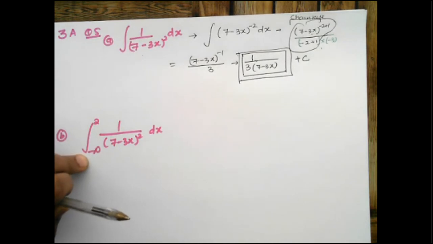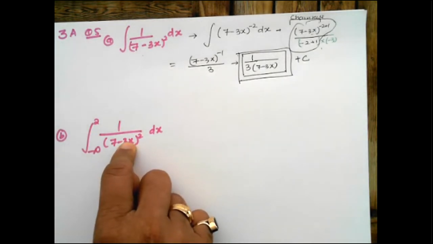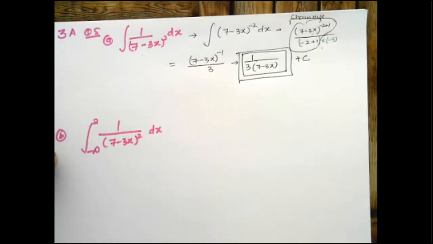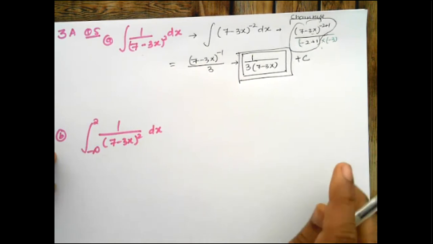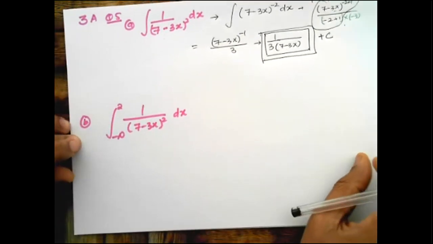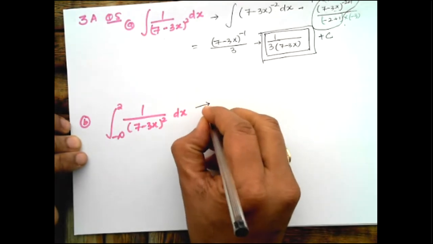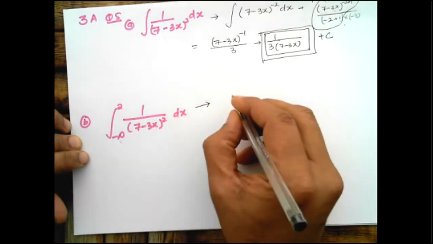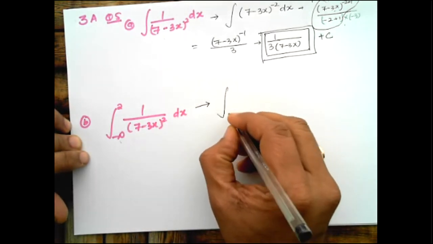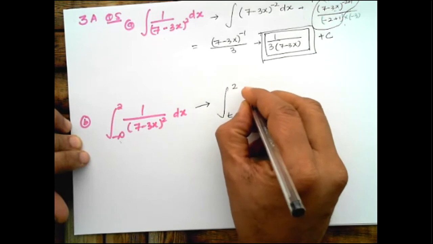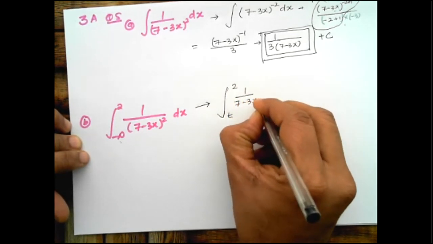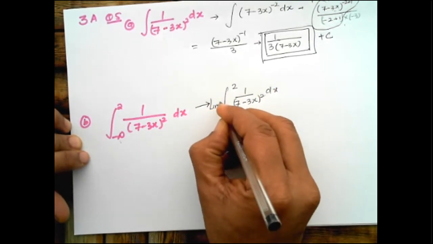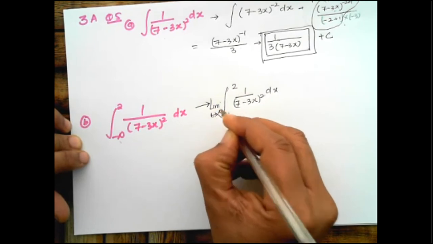Right, so in part B, we have to show that this is a convergent function, and we integrate this and find its value as well. Integrating with one of the limits as infinity, the method we use is that whichever limit is infinity, we replace it by a letter t. So this integral will be the integral from t to 2 of 1 over (7 minus 3x) squared dx, and we take the limit as t goes to infinity.